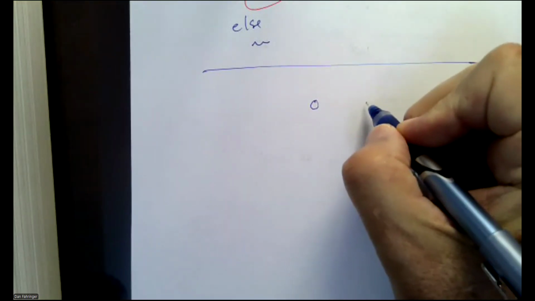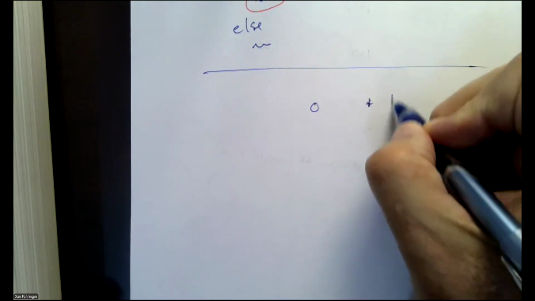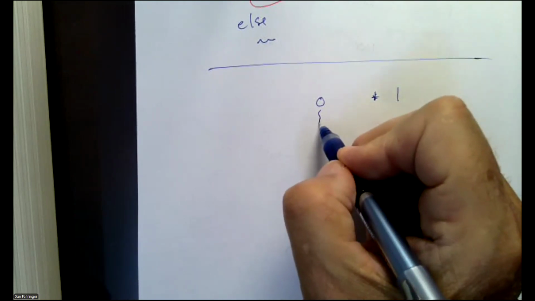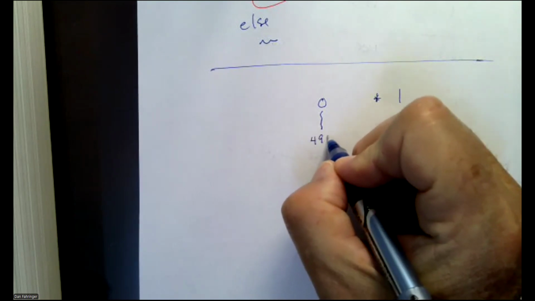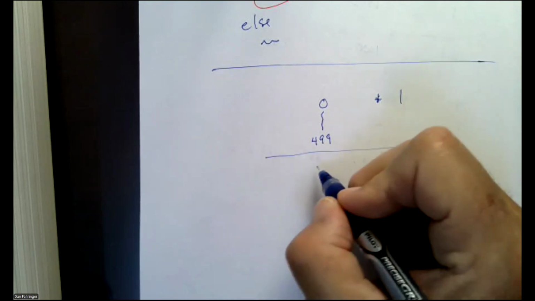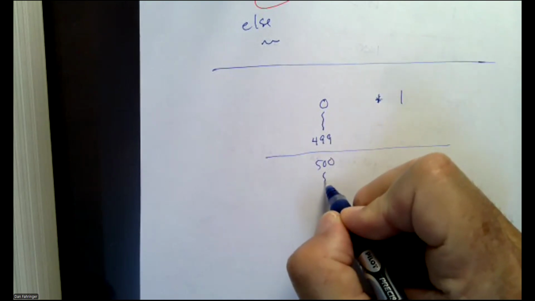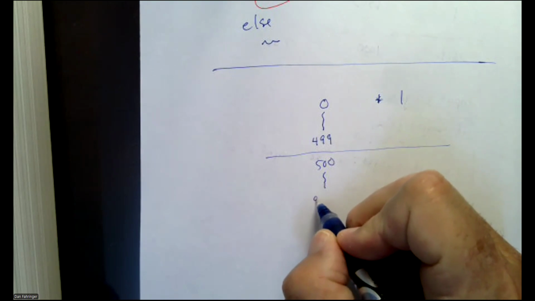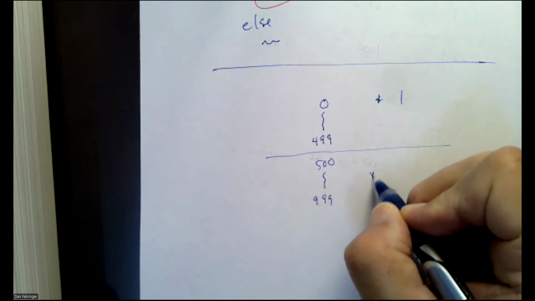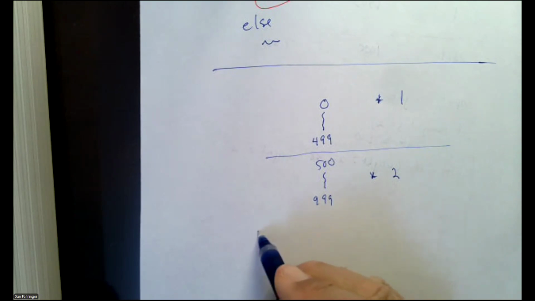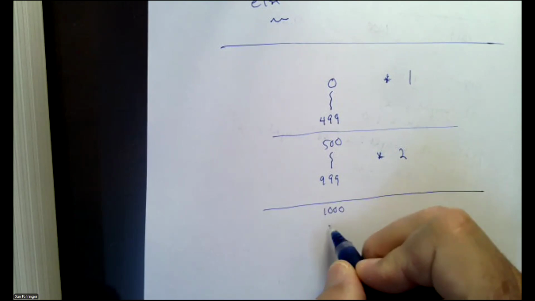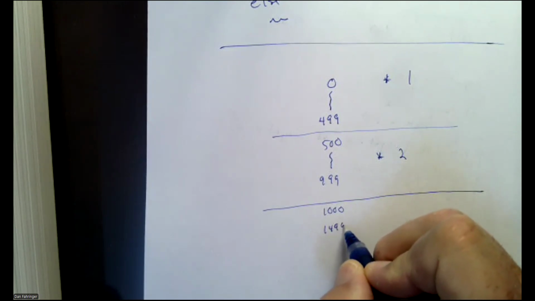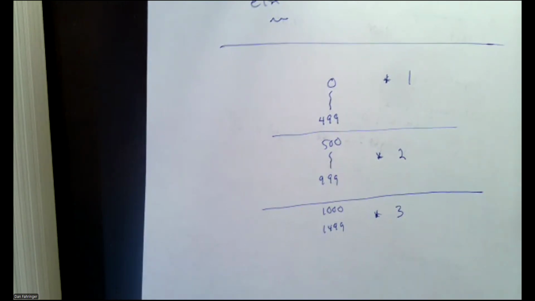If miles is 0, I multiply it by 1, all the way up to 499 miles. If miles is 500, all the way up to 999, I'm going to multiply it by 2. Oh boy. If it's 1,000 all the way up to 1,499, I multiply it by 3.